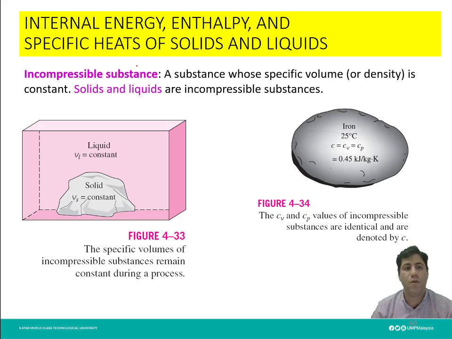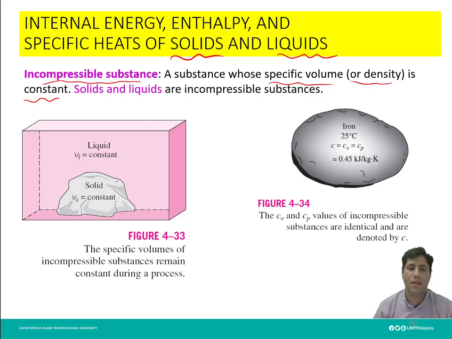In this session, we will continue and introduce specific heat for incompressible substances like solids and liquids. These incompressible substances are substances whose specific volume or density is constant, which you may already know.